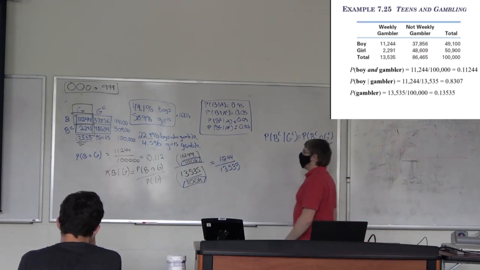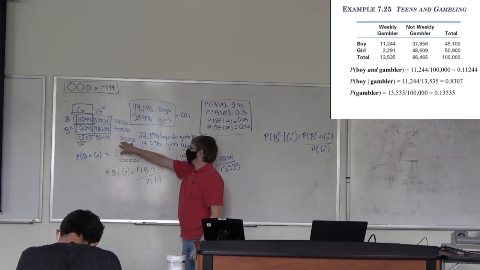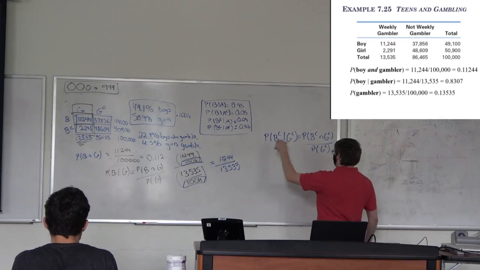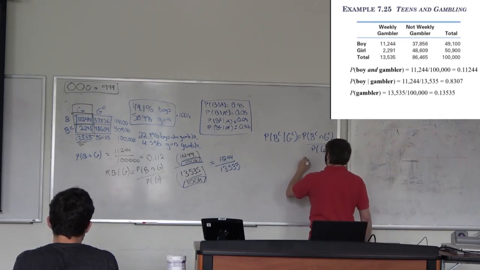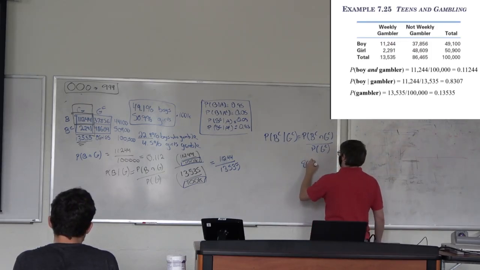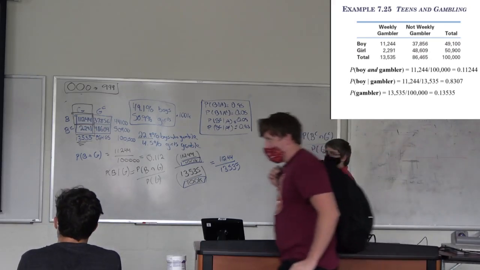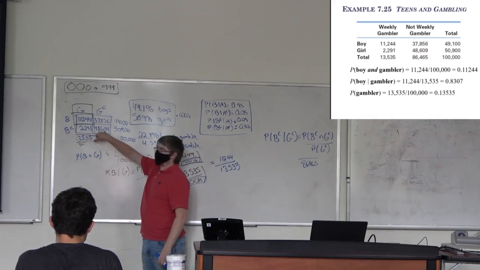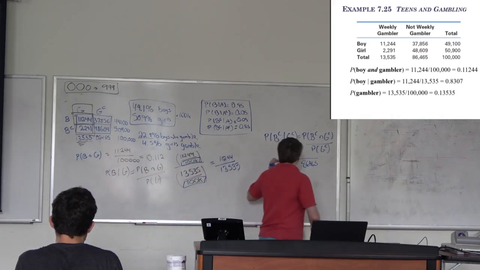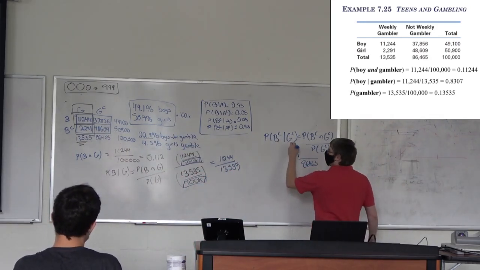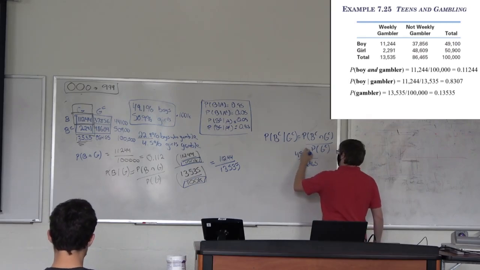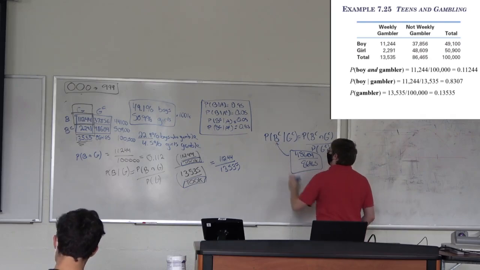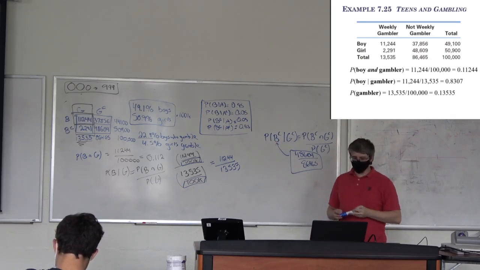And since we all have the same overall total, what I can do is just take the total number of non-gamblers, which is 86,465, and take the cell where boy complement and gambler complement intersect, 48,609. And so there's the answer for boy complement given gambler complement.